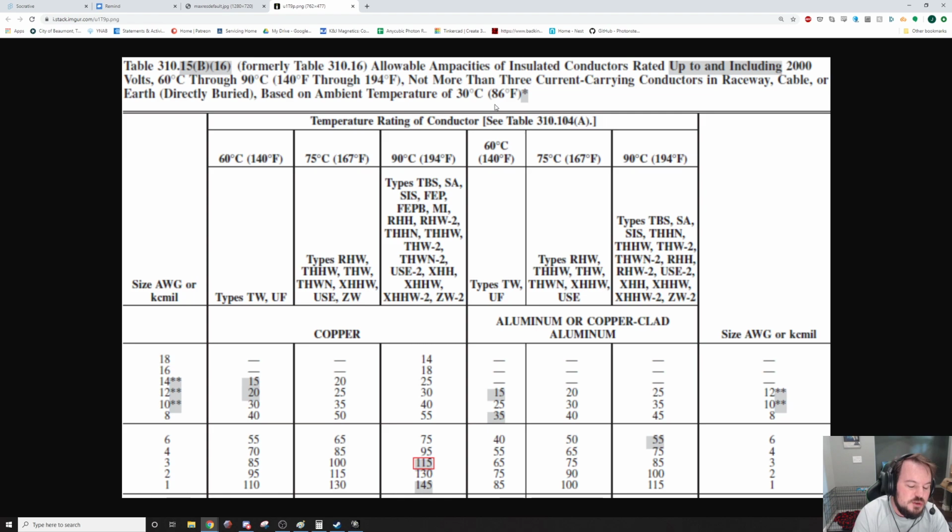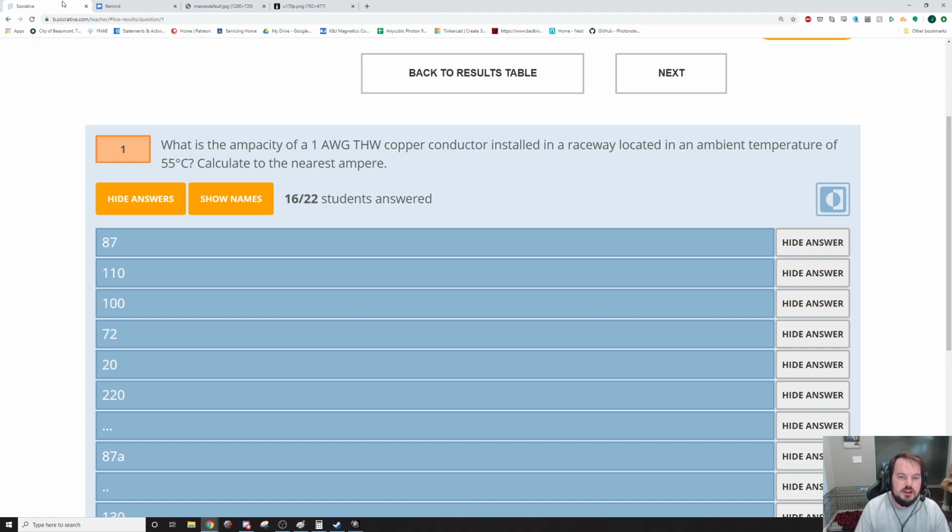If you are using the wire somewhere that has a different ambient temperature, you need to adjust this ampacity also. So, those 2 things: not more than 3 current carrying conductors in the raceway, and not different than 30 degrees Celsius. We are just talking about a single conductor, so we don't have to worry about more than 3.